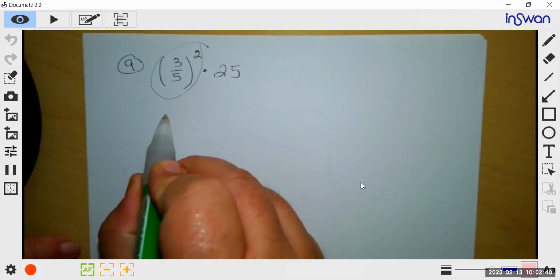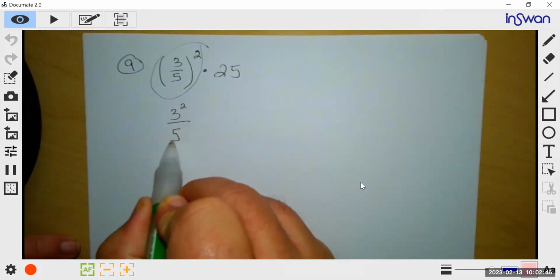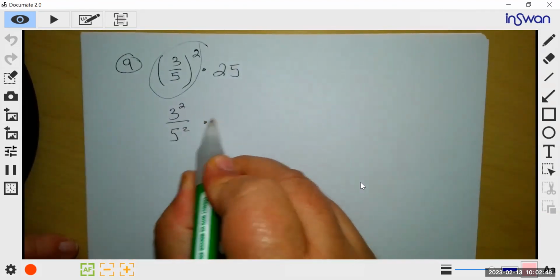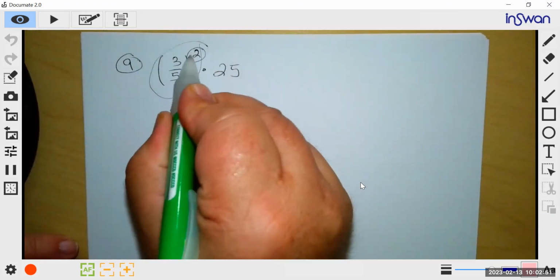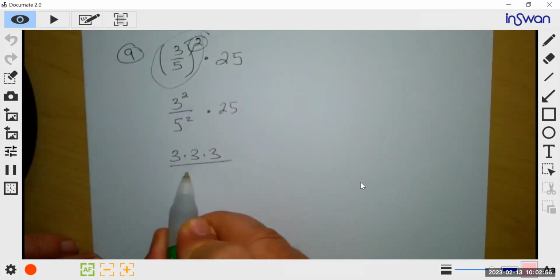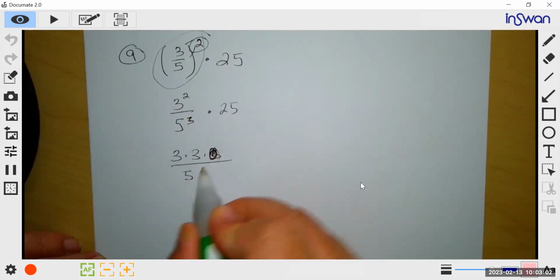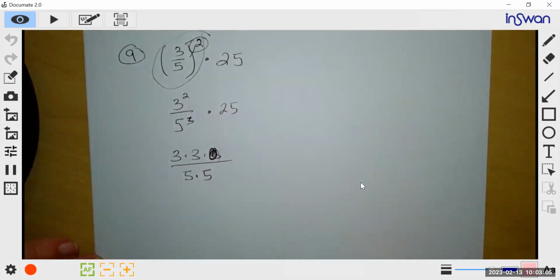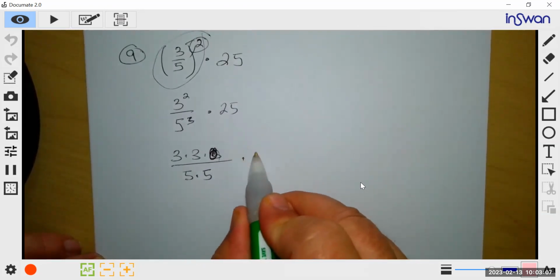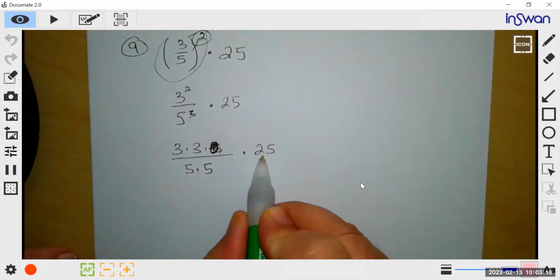That means I got to do what first? I distribute that to both of those. So it's 3 times 3 over 5 times 5. Since there's no addition or subtraction here, what's 25?